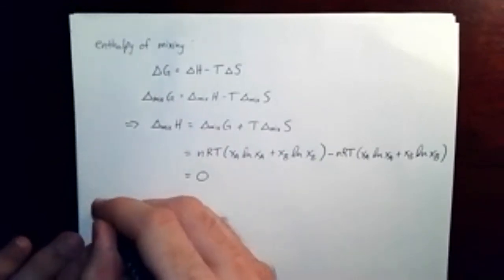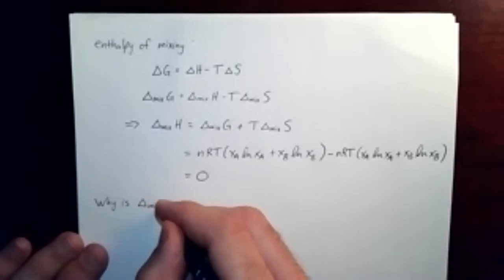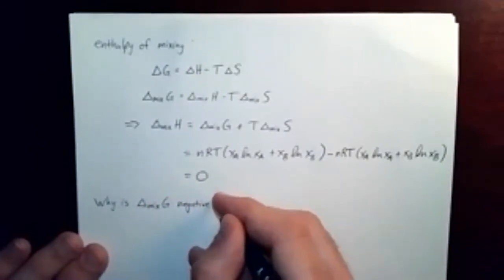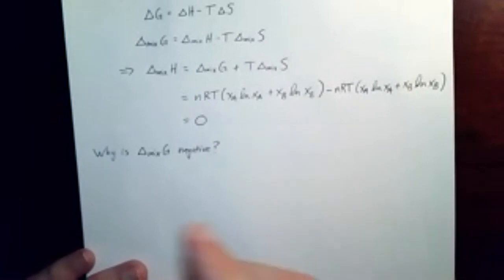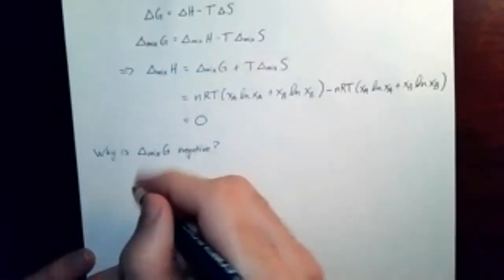Now, why is delta mix G negative? So we can explore this very easily here. Going back to this equation, right?